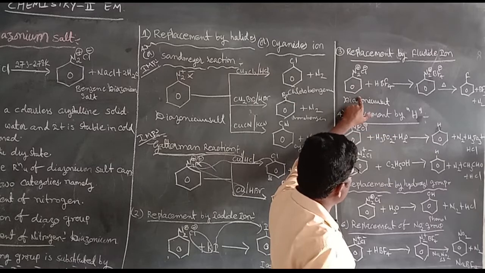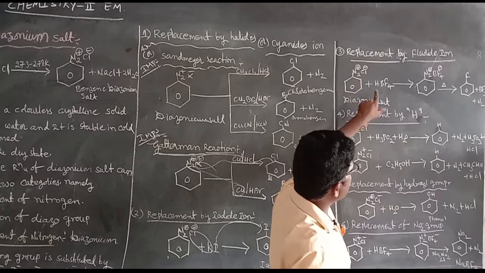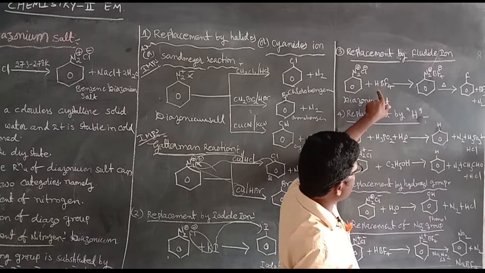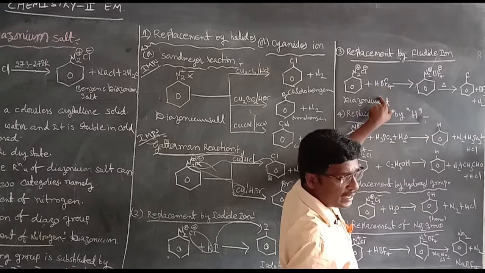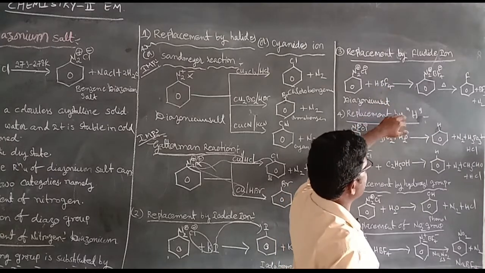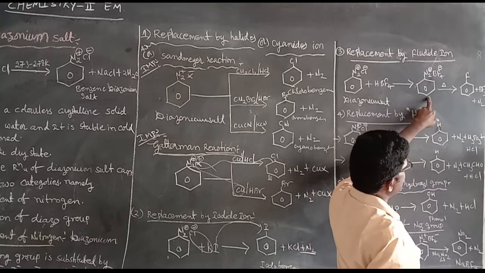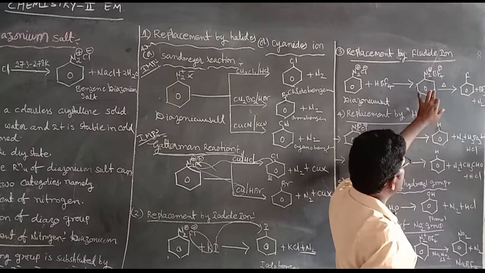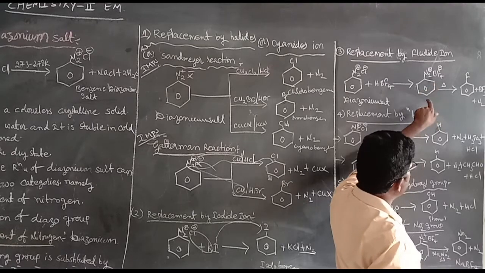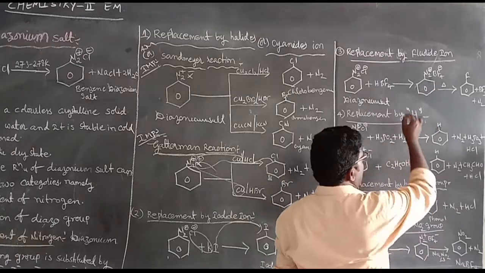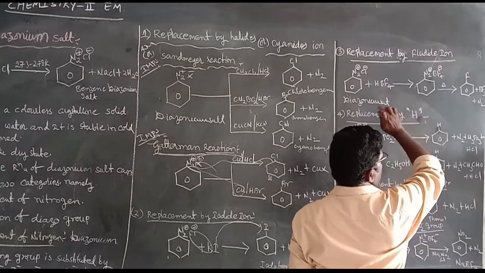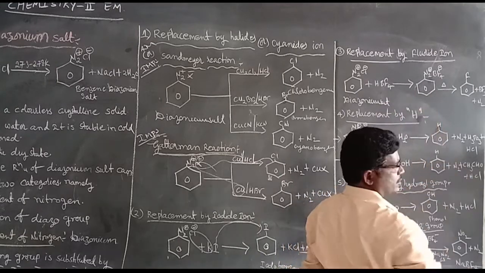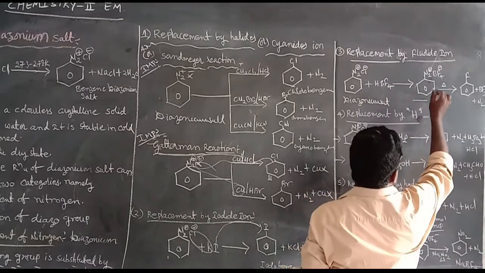Benzene diazonium chloride or diazonium salt treated with the fluoroboric acid, then form of the benzene diazonium tetraborate precipitate is formed.